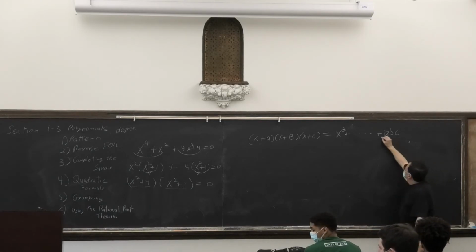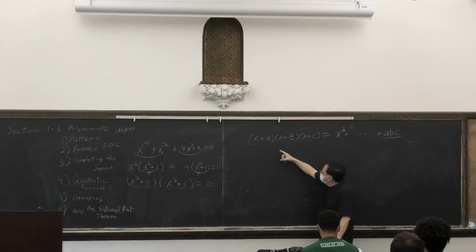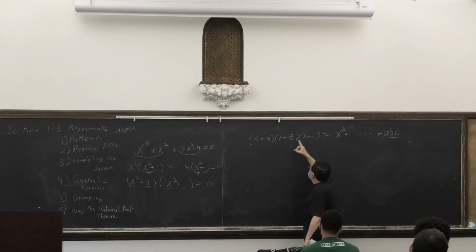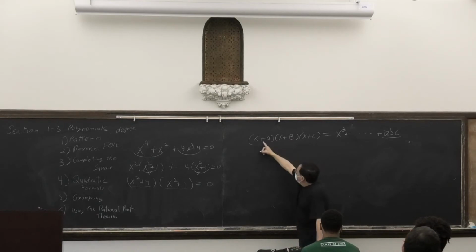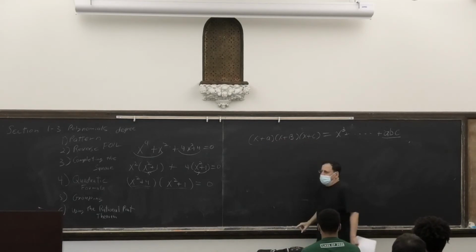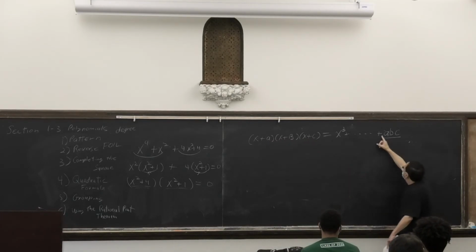So we look at this and go, you can see our roots here are minus a, minus b, minus c. This is the product of those, right?